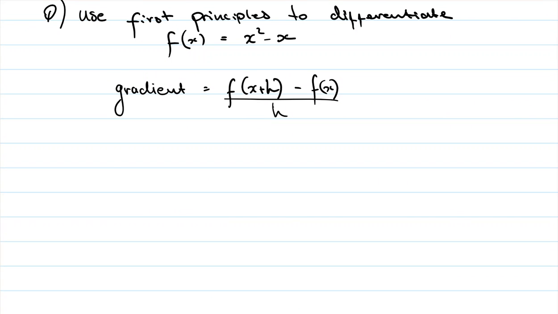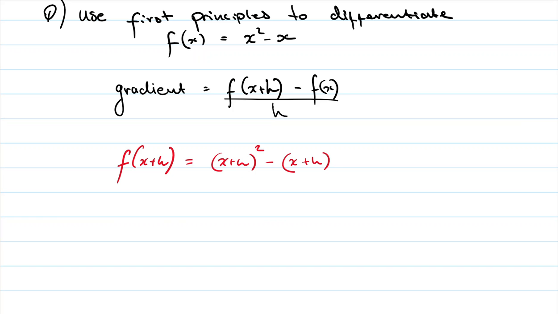So first things first, I want to find f of x plus h, and that basically is wherever I have x, I'm going to replace that with x plus h, and then I need to simplify that. So I've got x plus h squared minus x plus h, and that's what I want to get first.